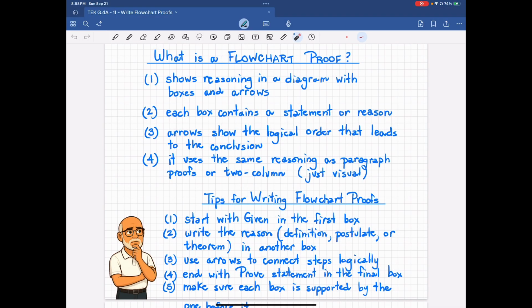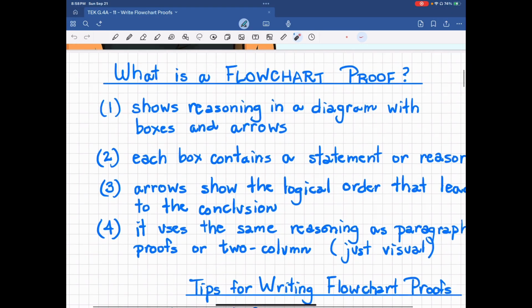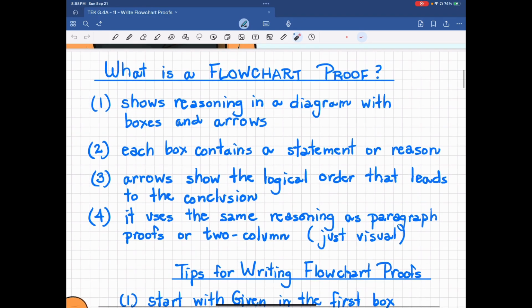You are probably asking yourself, what is a flowchart proof? Well, a flowchart proof is something that shows reasoning in a diagram with boxes and arrows. So it shows our thinking process in a flowchart type of manner. Each box contains a statement or a reason.